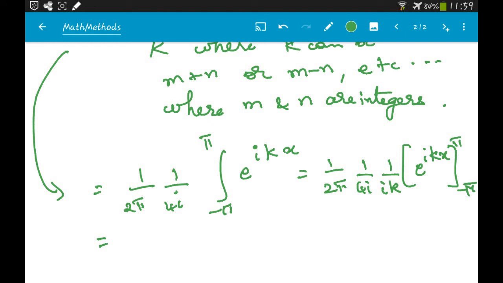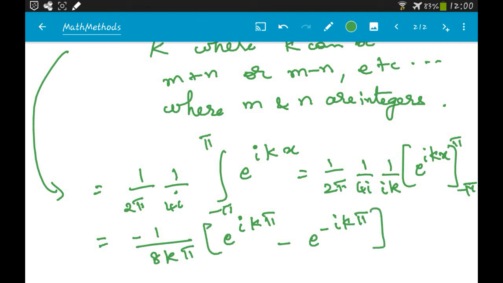Okay, alright. So you have minus 1 by 8 k pi times e power i k pi minus e power minus i k pi. Okay, alright. So this form represents your sine form, right?